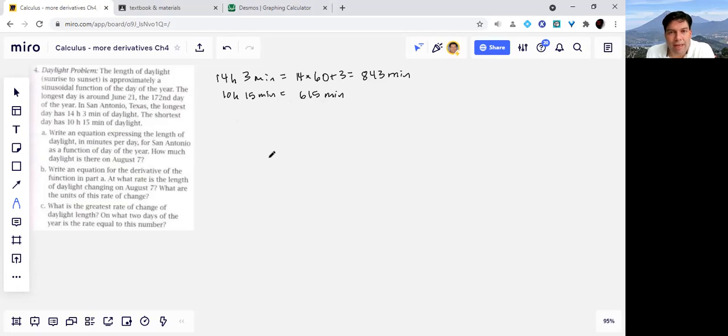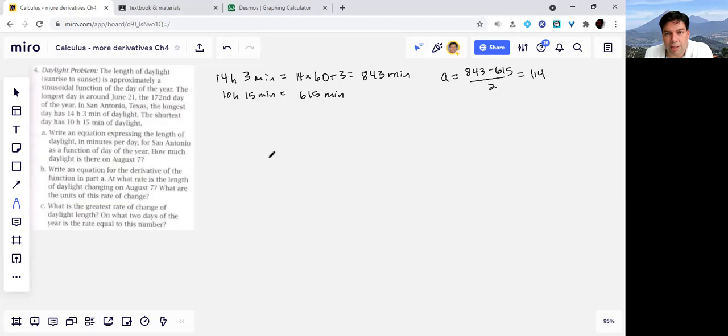Okay, so now we have a maximum, we have a minimum, we should start writing the equation. The amplitude, the value of A, is maximum minus minimum divided by 2. And that happens to be 114.